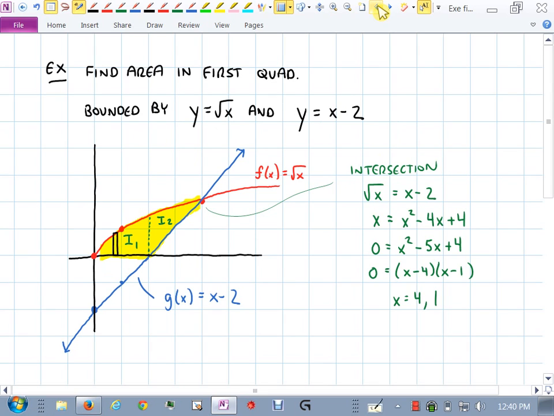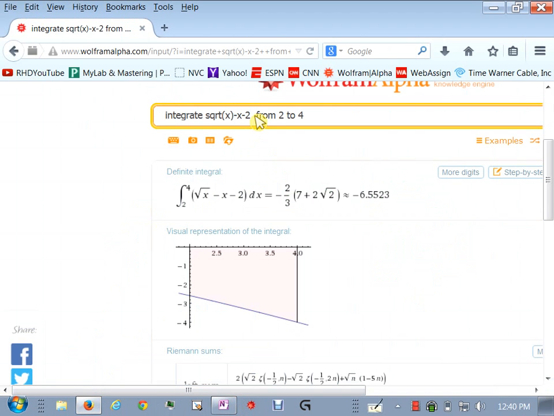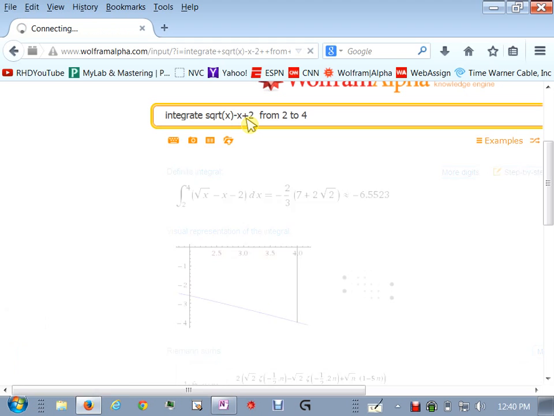We did integral 0 to 2 square root of x. And then square root of x minus x plus 2 from 2 to 4. Oh, yeah, right there, it's minus 2. Yeah, that's not right. Thought y'all were supposed to be covering my butt there.